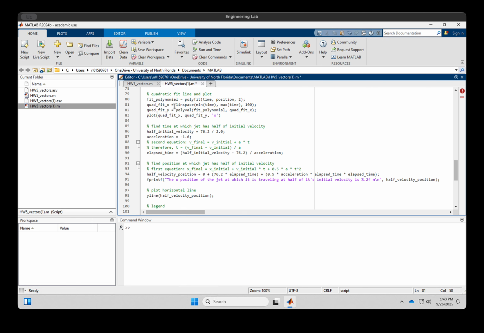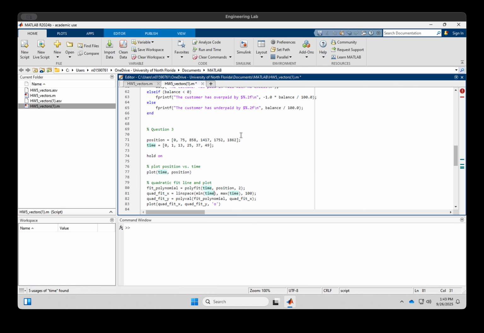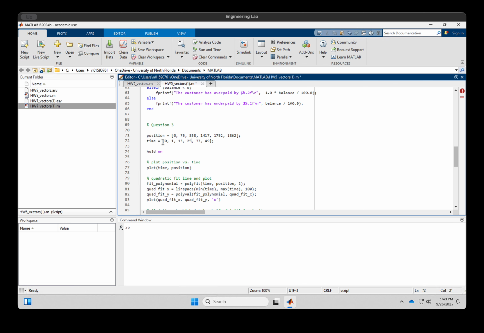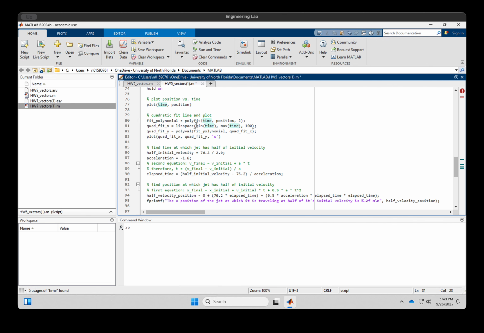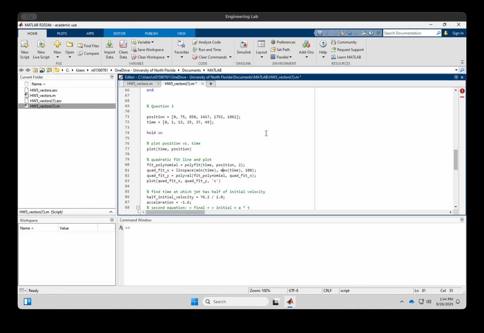Quadratic fit x, this is just making the domain for the line that I'm going to plot. And that's just a linear space from the minimum time to the maximum time, which is really, I could have just said 0 and 49, but it's a more dynamic way of doing it, because maybe I want to add on to this.